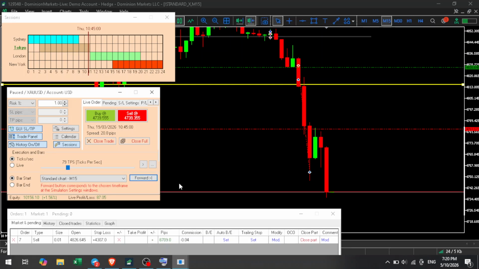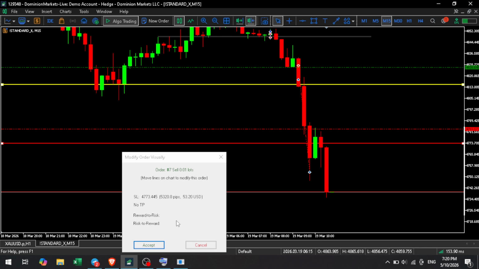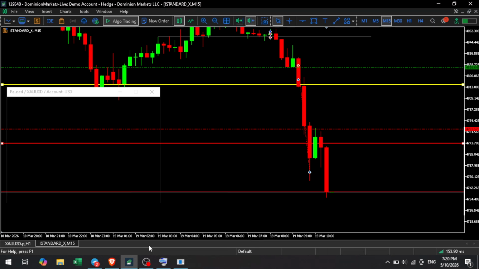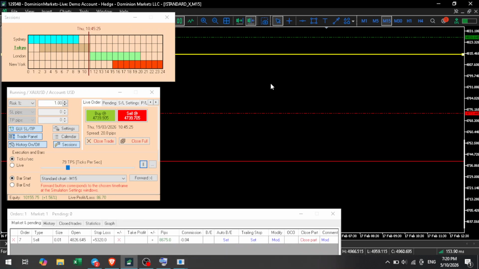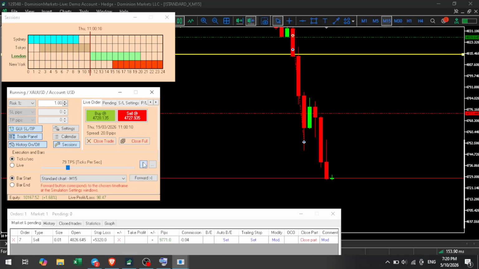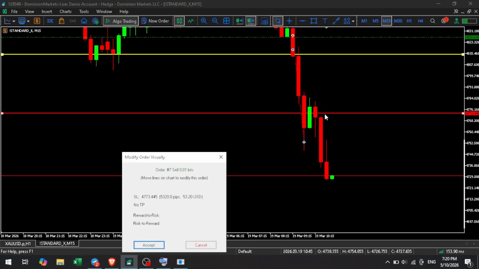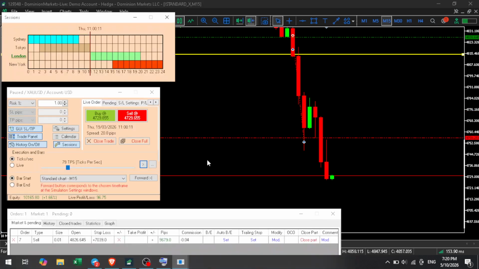So let's just forward this candle, get our stop loss even down here. We are again 0.5% in profits if this stop loss hits. Let's go down furthermore. Okay, that is it. We are trailing our stop loss very perfectly.